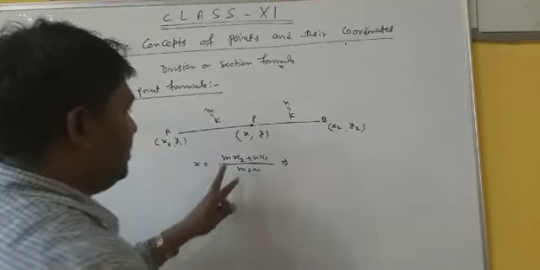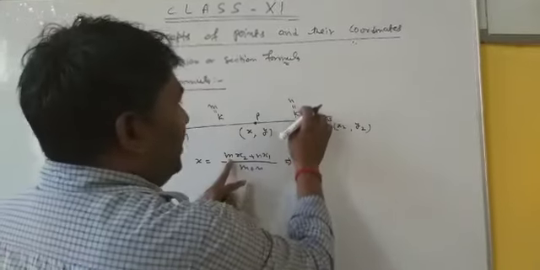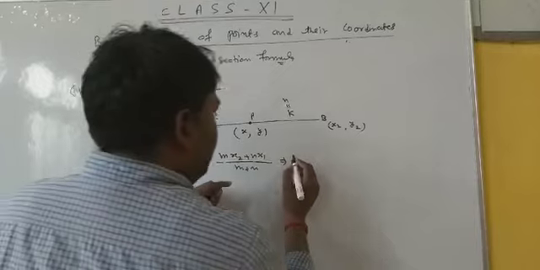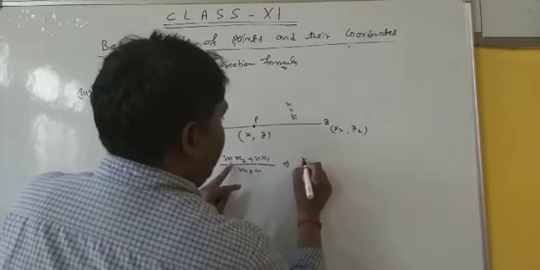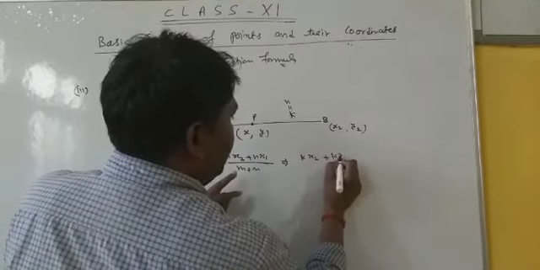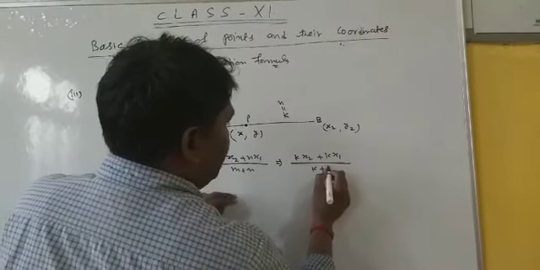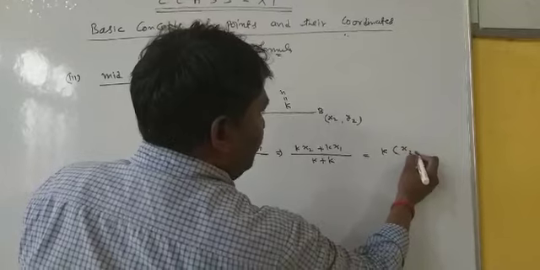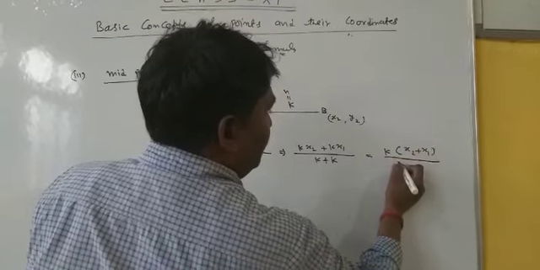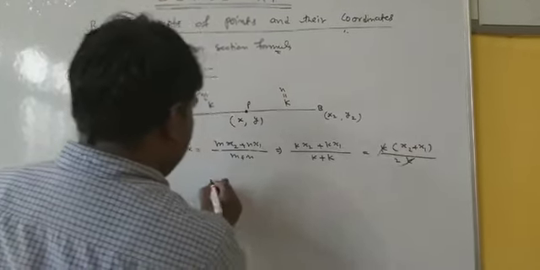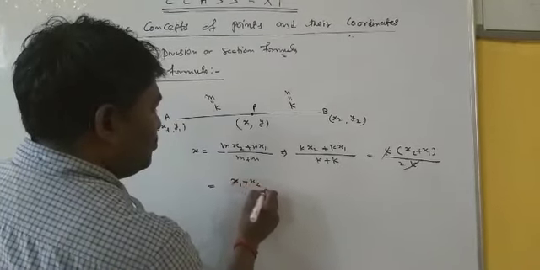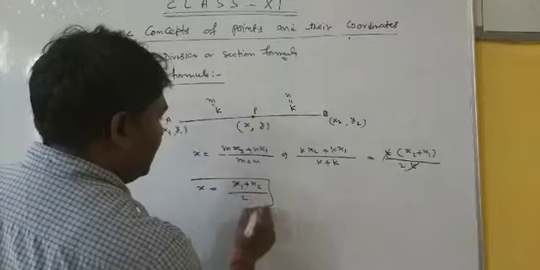So according to this one, value of m is k, value of n is also k, or you can call it as m equal to n. So here kx2 plus kx1 upon k plus k. It implies that k taking common, x2 plus x1 upon 2k. K cancel out. Thus we are getting x1 plus x2 by 2. This is your x coordinate.